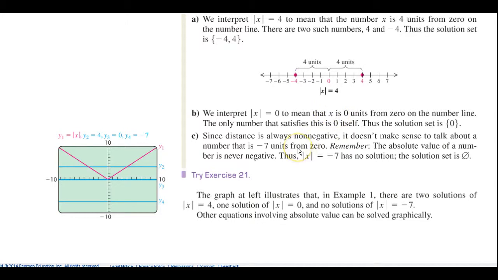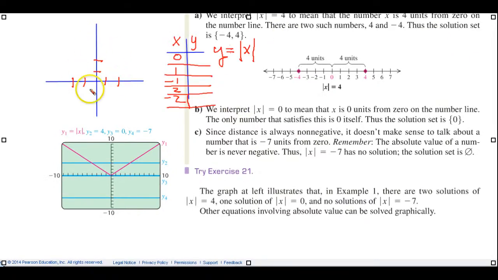Now, one of the things you're going to find, and I'm just going to give you a thumbs up on this. I've made a little graph, and we're going to have some of this later, but I wanted you to see this: you have y equals the absolute value of x. In a sense, we could think of that as y equals x, or y equals -x.